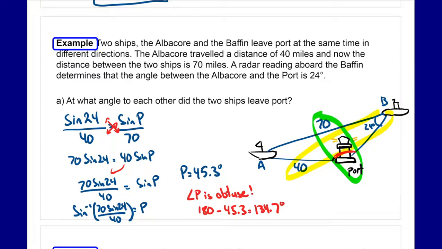So that is our final answer. So that is the angle between the two ships as they left. So therefore, the angle is 134.7 degrees.